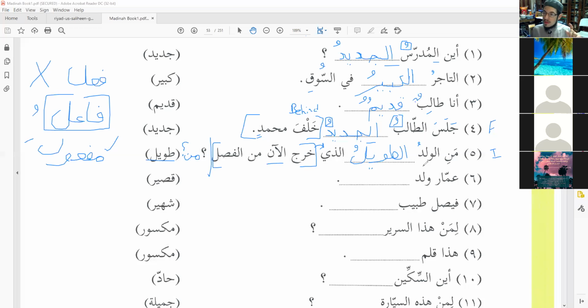Al-walad al-tawilu, so we add tawil because tawil eliminates all the short students. Alladhi kharaja al-ana min al-fasli eliminates all the students that didn't just leave now from the class. And that's all the subject. What do we want to know about the subject? If this were an affirmative sentence, a statement, what would we want to say about the subject? We would want to say, who is he?